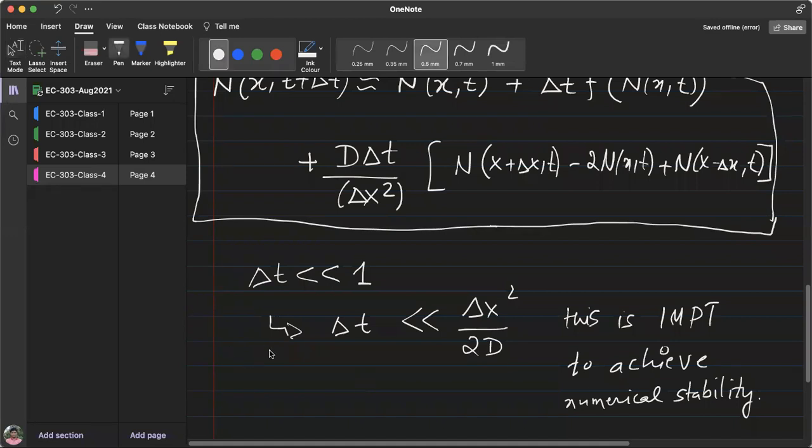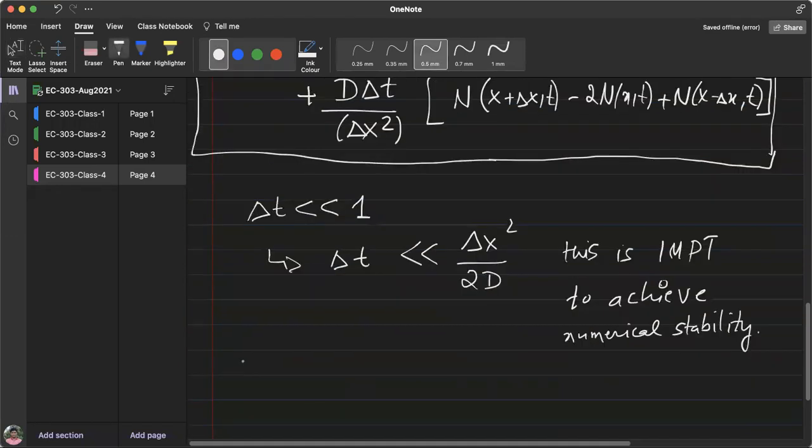Usually I'll tell you the strategy that I use. I use delta x equal to 1. Then I know the diffusion value, and I will calculate the maximum delta t I can have, which is given by 1 by 2d.